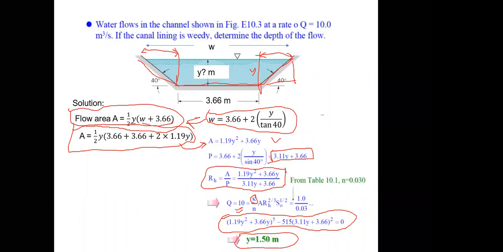Sir? Yeah, go ahead. So in here, the hydraulic radius will be to the power of 2/3, right? Yes. The hydraulic radius will be to the power of 2/3. That's true. So this equation, 1.19 y squared plus 3.66 y divided by 3.11 y plus 3.66, this has to be raised to the power of 2/3, right?